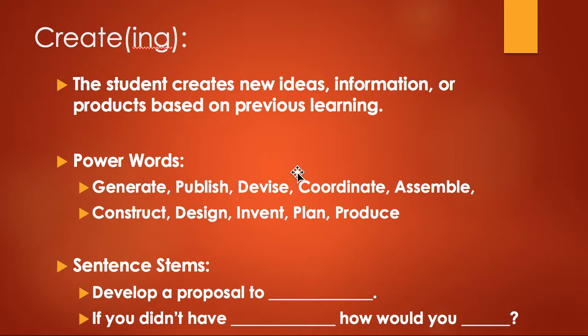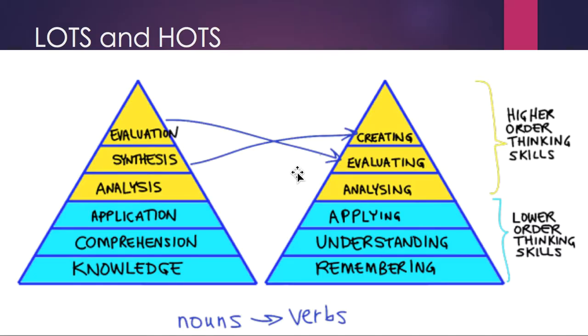Now, obviously, I'm not going to ask you to do that, but that would be an example of creating something. Some sentence stems: develop a proposal to, or if you didn't have blank, how would you blank? Those are just some different ways that you might incorporate the use of creating within asking questions or developing objectives.